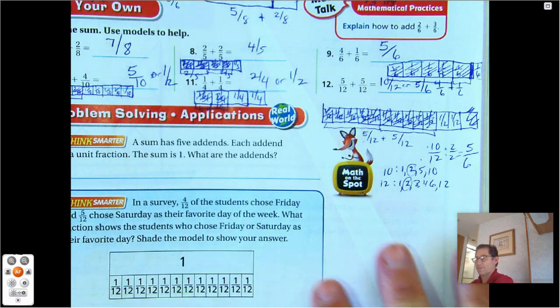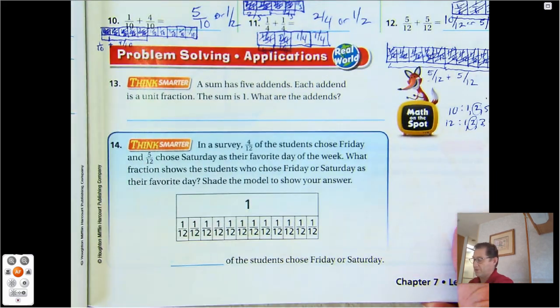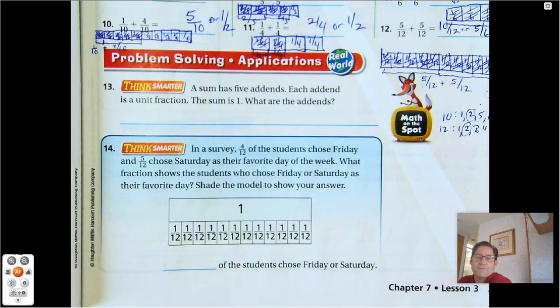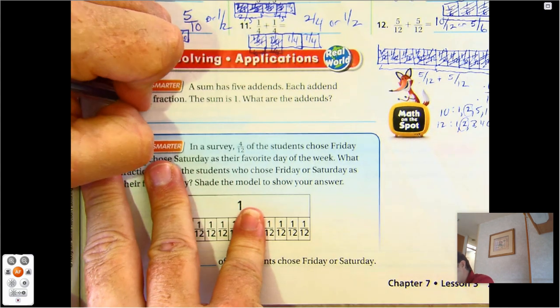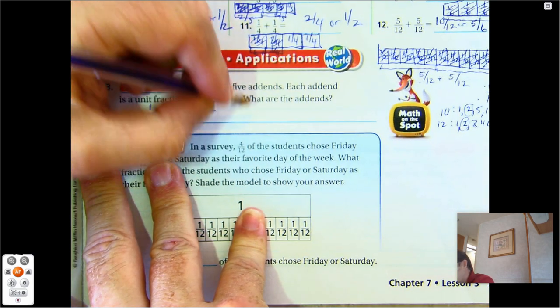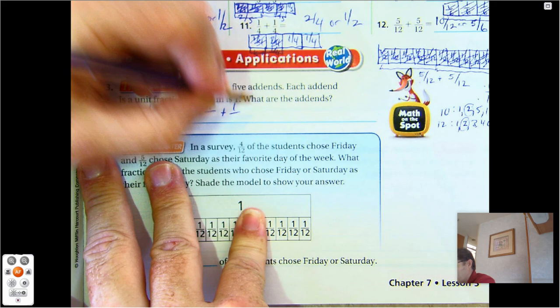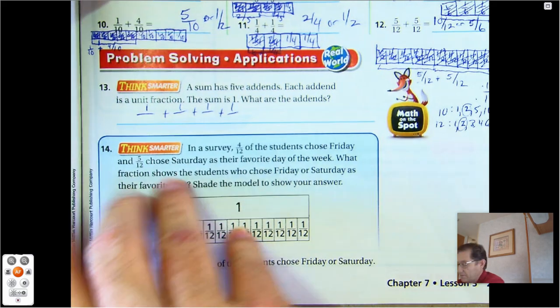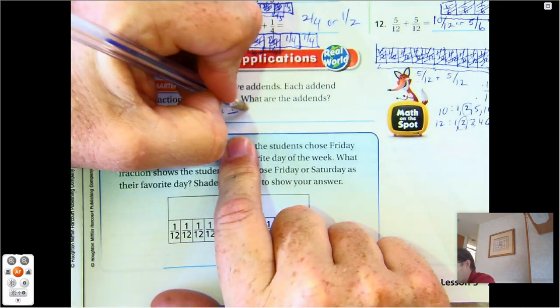13. A sum has 5 addends. Each addend is a unit fraction. The sum is 1. What are the addends? Well, okay, so 1 something plus 1 something, and so on. And it says 5 addends. So that's 1, 2, 3, 4, 5. And the sum is 1.